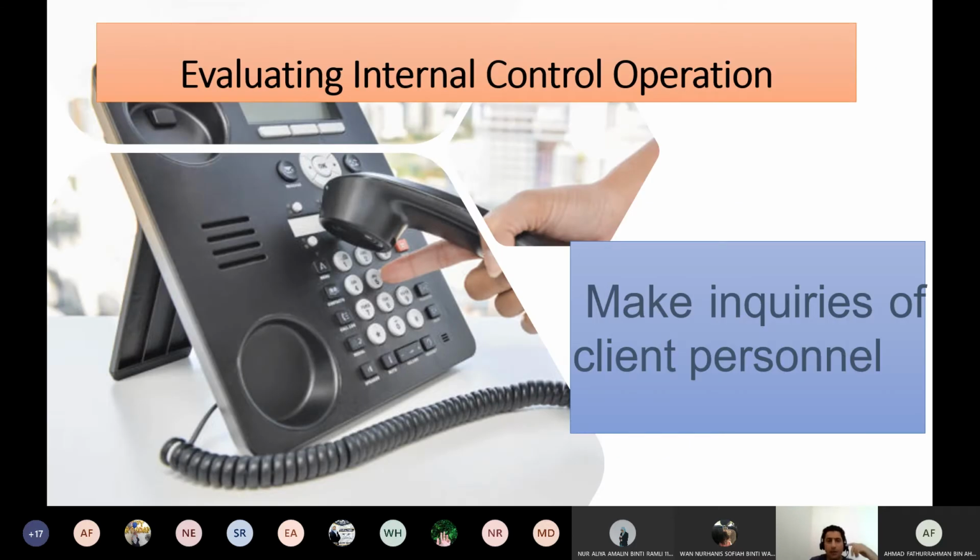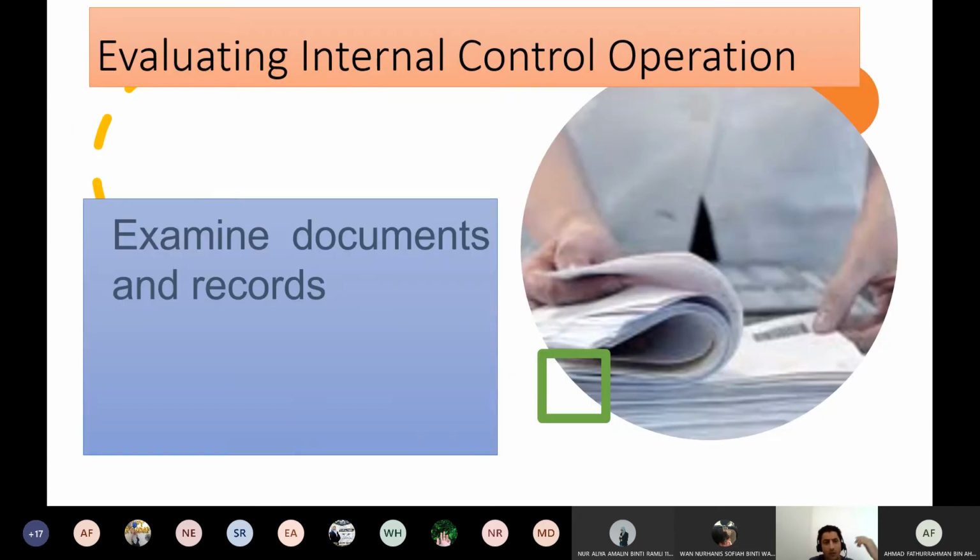Next is making inquiries of the client personnel. So we make calls, we go and visit, and we have a short or long discussion with the management or staff employees to gain more information.